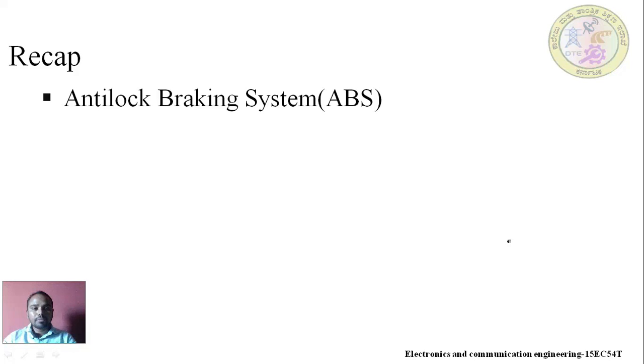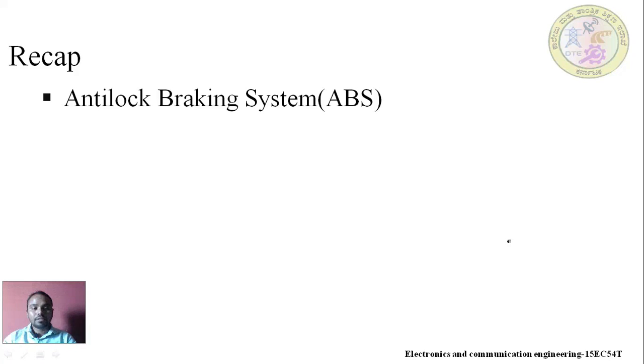Assume that a driver is driving a car on an icy or wet road, in a vehicle with ABS. If the driver applies the brake, the ABS system will not lock the wheel instantaneously.